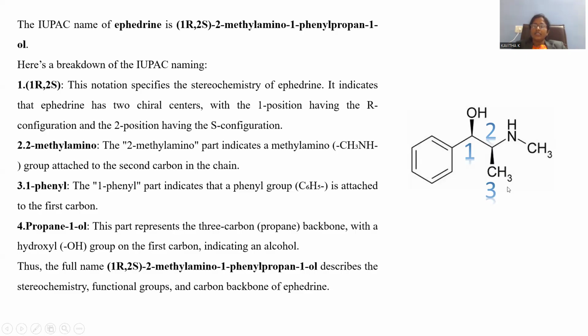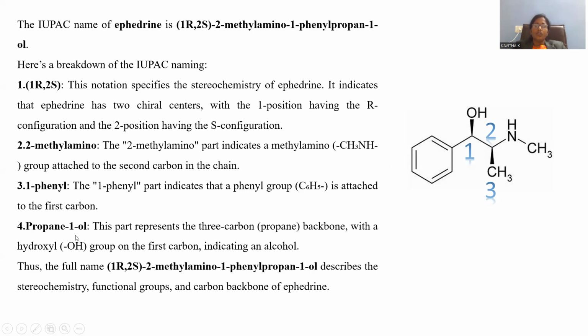Then the entire skeleton has a 3-carbon backbone, and another functional group is also there on the first carbon, that is hydroxy, so the parent chain will be propane, and because it has a hydroxy, we have to regard it as a propanol, right?